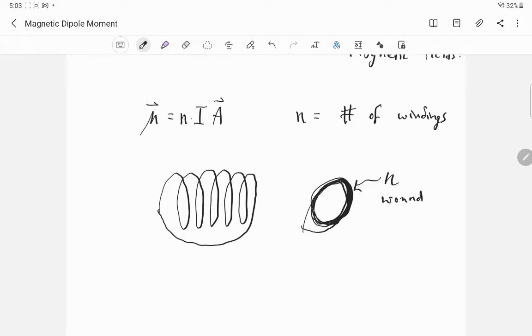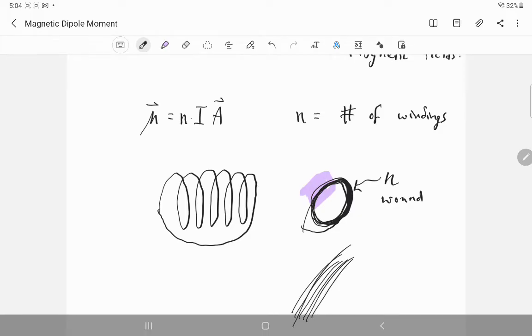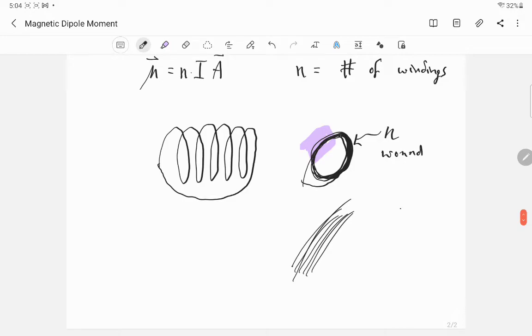And all that means is if you were to look at a section of the wire, if you just look right there, what you're going to see is lots of wires, right? I just drew, I don't know, 7 or 8 of them. Let's say n equals 8. And each wire carries the same current, I. So 1, 2, 3, 4, 5, 6, 7, 8. Let's pretend there are 8 wires there.